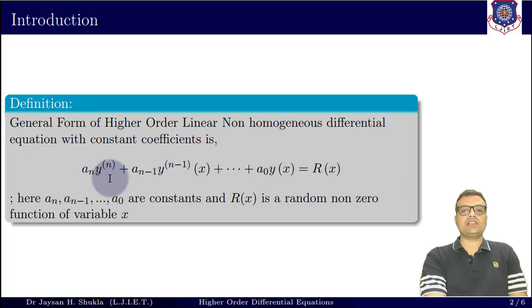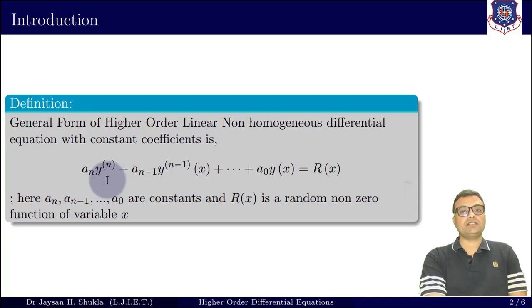Order of any differential equation is identified by the highest order derivative appearing in the equation, whereas the degree of equation is the power of that highest order derivative. So over here y raised to n gives the order of equation and its power gives the degree. As degree is 1, it simply means that the equation is linear equation.